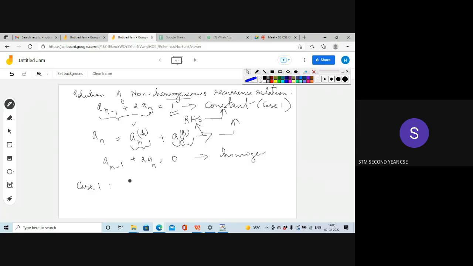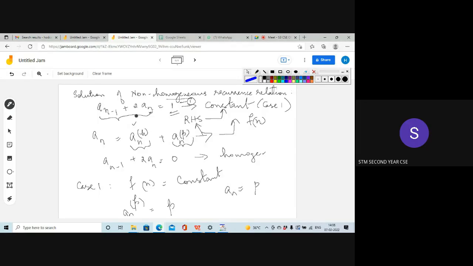Case 1, if f of n, this RHS, we can consider it as a function of n. And if f of n is equal to a constant, then our particular solution, an of p is equal to what? You have to put p, isn't it? In this given equation, you have to put an is equal to p.